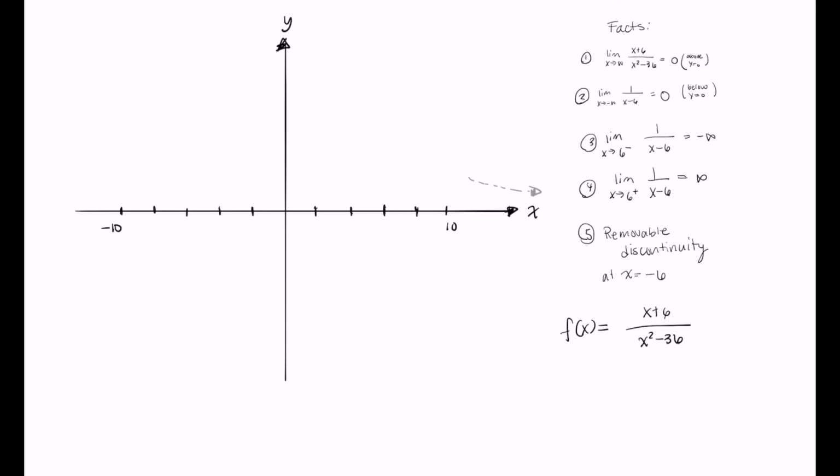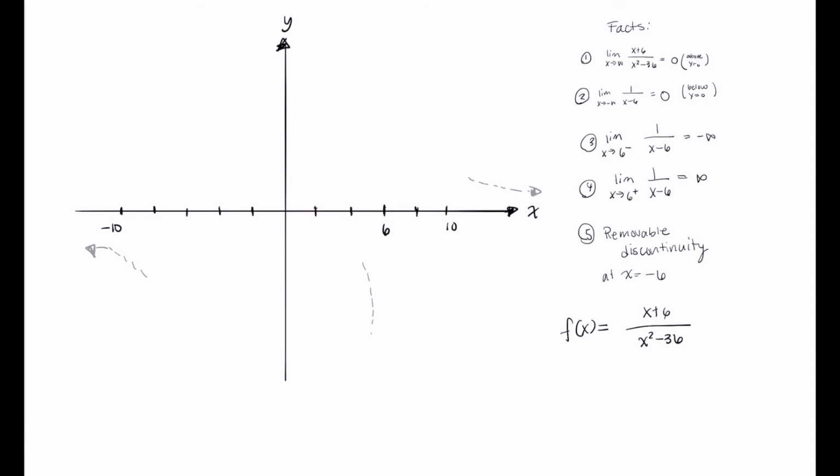We also know that as x approaches more and more negative values, that is, we travel in this direction along the x-axis, the function f approaches 0, and that's from below y equals 0. So there is that portion penciled in. Additionally, we figured out that as we approach 6 from the left, so that is, x is approaching 6 from the left side, the function f of x will continue to get more and more negative.